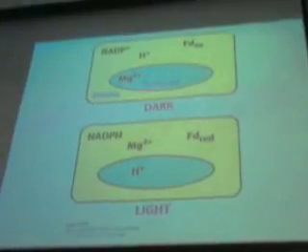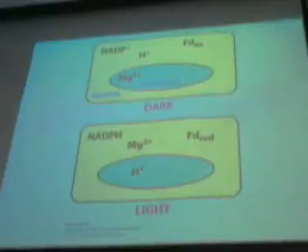Now, the only other thing I'd like to talk about here is regulation. And it turns out you don't want to have these enzymes active all the time. That would create lots of problems. And so they're under very tight regulation in the plant.